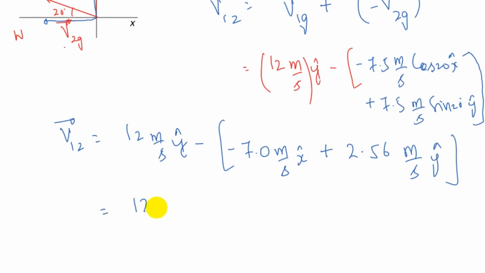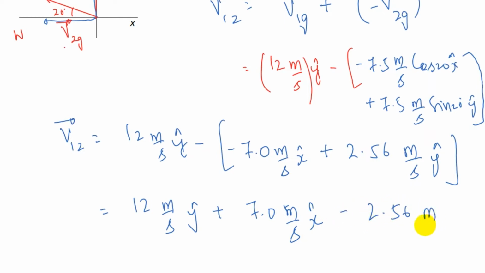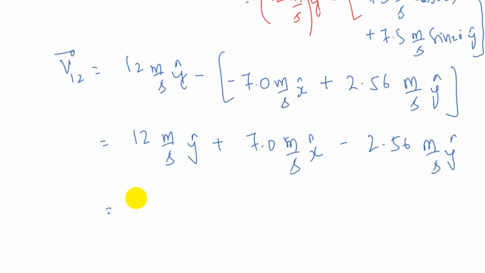Now this is 12 meter per second y cap, this minus will become plus 7.0 meter per second x cap, this would become minus 2.56 meter per second y cap. Now we can subtract the y component, and the x component I am writing in the front, so 7.0 meter per second x cap, and this would become plus 9.4 meter per second y cap.